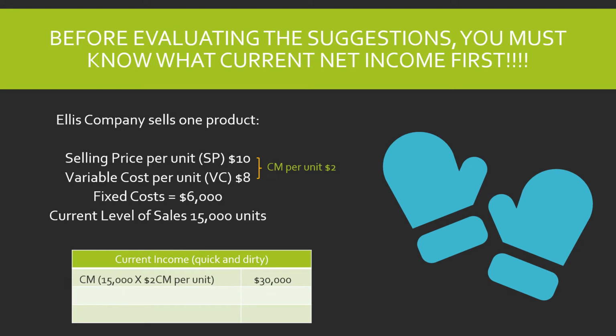So I have a total contribution margin of $30,000, and when I subtract out the current level of fixed costs, which are $6,000, this leaves me with net income of $24,000. So if any of the four suggestions don't give us a net income of $24,000, well then I'm not interested.